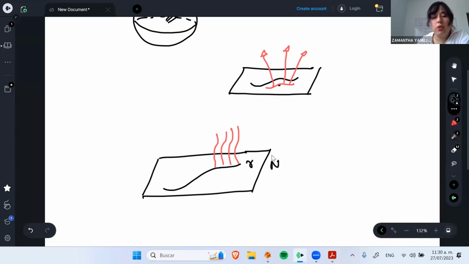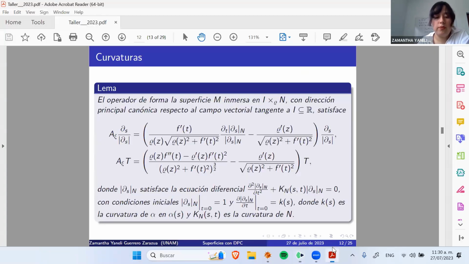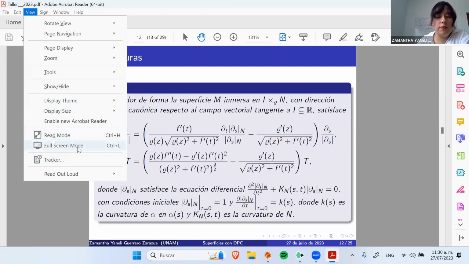So if we have this point here, in one direction we have the curvature of the line, and in the other direction we have the curvature of the other curve that's in the plane. So that makes complete sense.